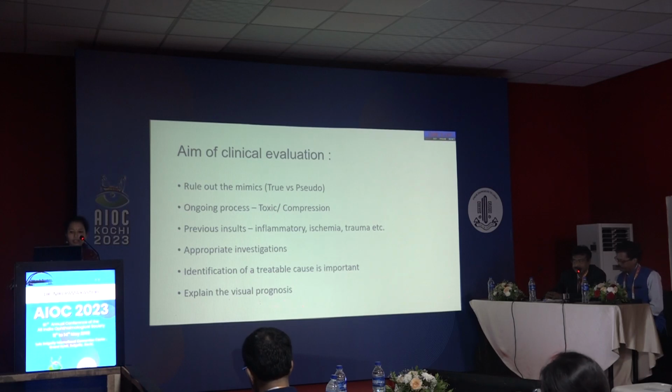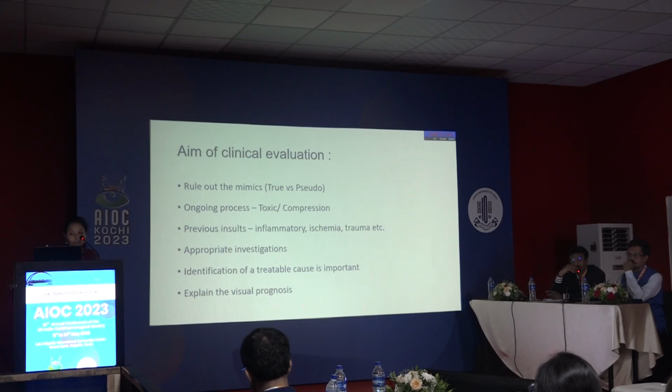Later, incidentally, he realized that the vision was low in one eye, but he was referred by another ophthalmologist to rule out amblyopia because the pallor was very subtle. But when we did the complete evaluation and the field testing, we came to know that it was an optic neuropathy. And then when we asked the past history, the patient told us he had a road traffic accident.